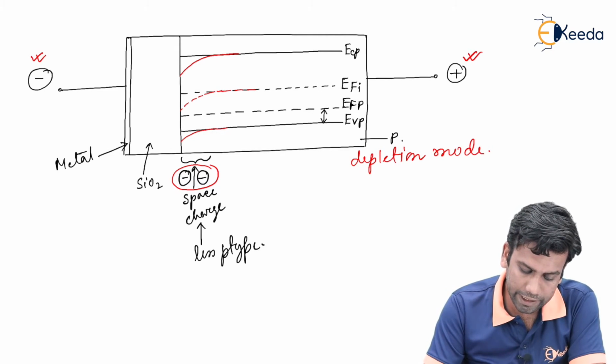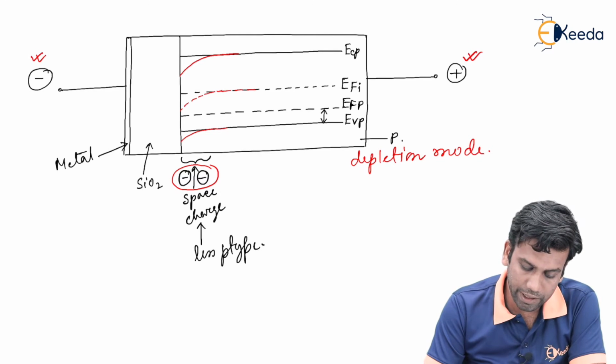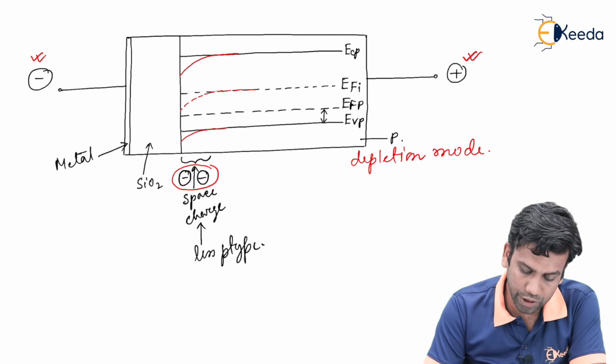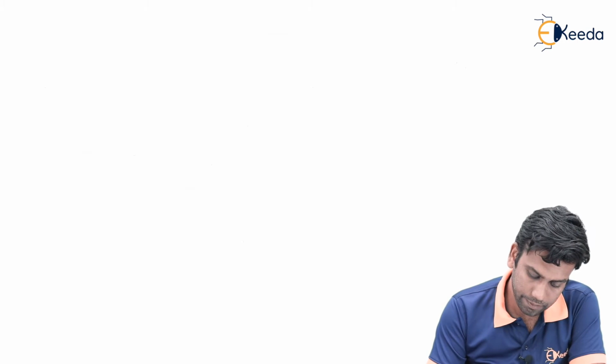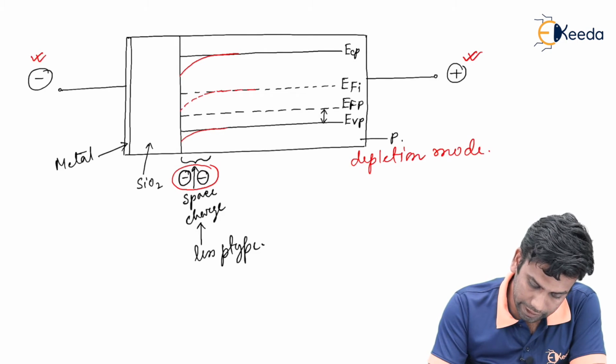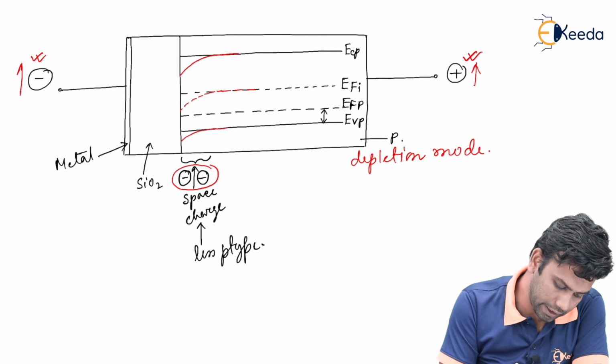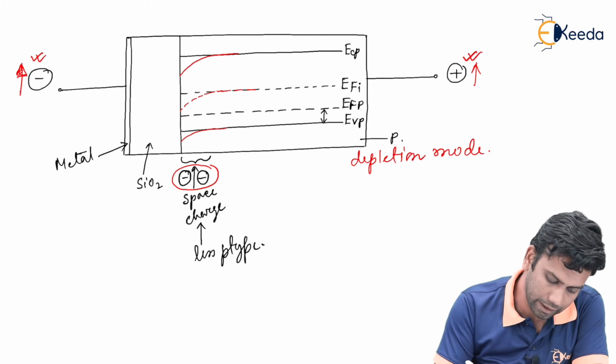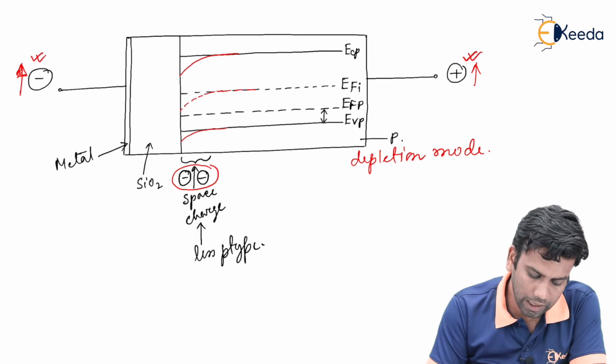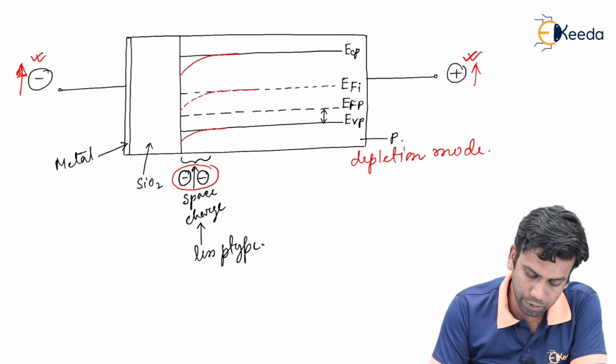Now if we increase the magnitude of this reverse potential, that means if we increase the negative potential further, then a large amount of negative charges will start to accumulate.